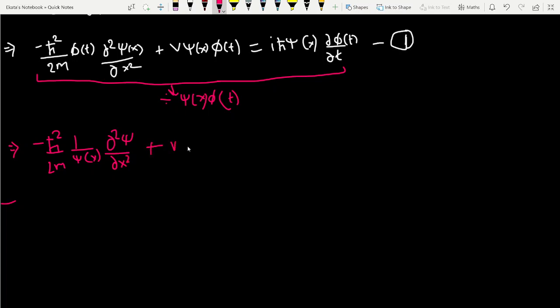Plus the potential V will be left, because psi and psi will completely cancel out, and it is equal to iota h cut 1 over phi of t, because the psi of x and psi of x will cancel out, times del phi divided by del t. So now we are moving towards a more general expression. This is our expression. Now we are going to derive the time independent equation from this expression.